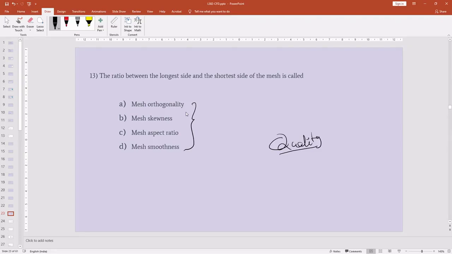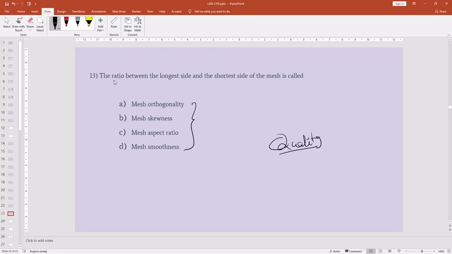So here the question is which of those parameters is defined by the ratio between the longest side and the shortest side. From the question itself, we can get that this is a ratio.